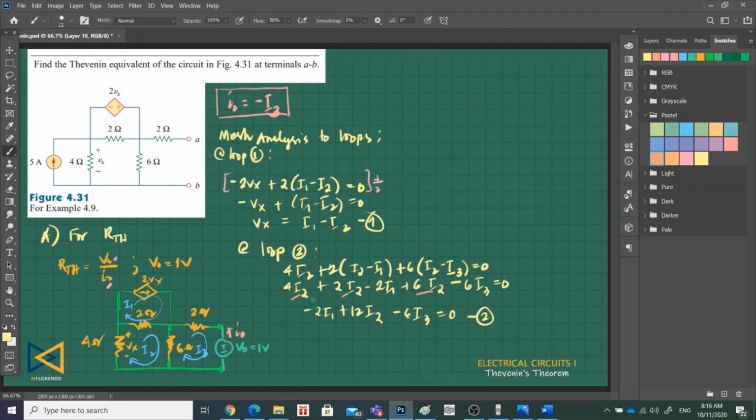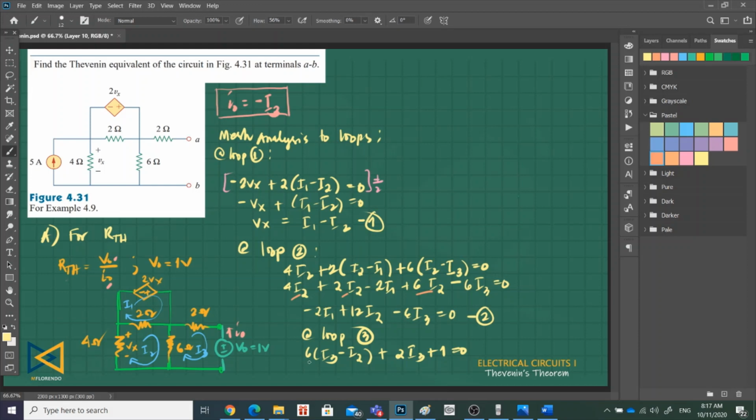And then, loop 3 tayo. Ang loop 3 natin, ito. So, 6I3 minus 6I2, okay, plus 2I3, okay, plus ano to? 1 volt equals 0.